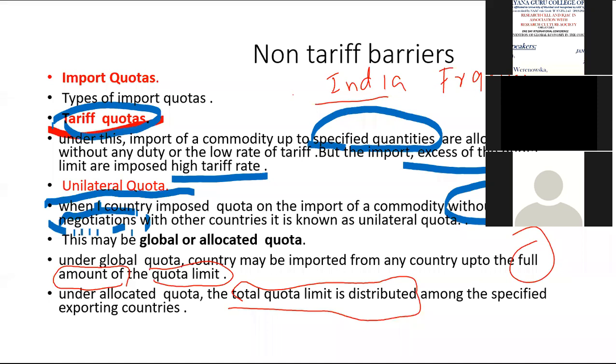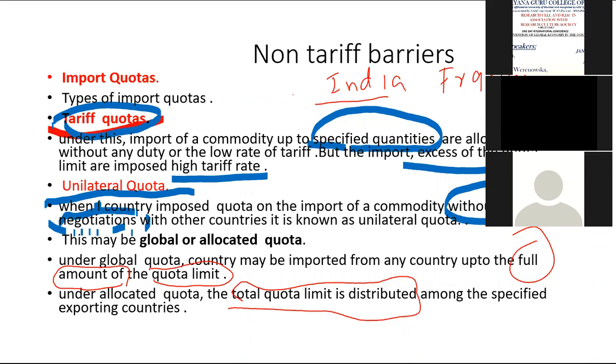So समझ में आया? Global quota, I told you, the country will decide. अमेरिका से इतना ही import करने का. अमेरिका decide करेगा इंडिया से इतना amount ही import करने का. There are so many factors how they are coming to their conclusion. Okay. Now allocated quota में country can import the products to different countries.